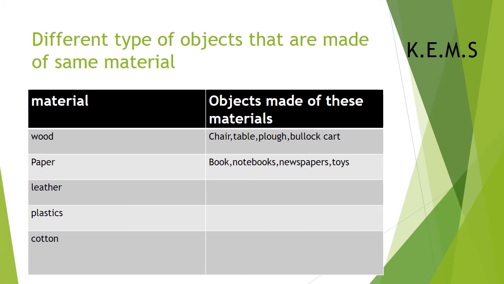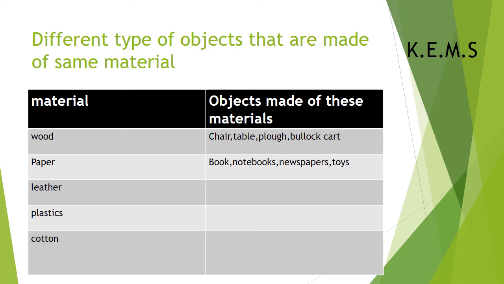Now you can see different types of objects that are made of the same material. You need to write this in your notebook and complete it. From wood you can make a chair, table, plough, bullock carts. Paper, what else can you make? From paper you can make books, notebooks, newspapers, toys. Similarly, from leather, which is a material, you can make bags, different kinds of shoes, chappals.